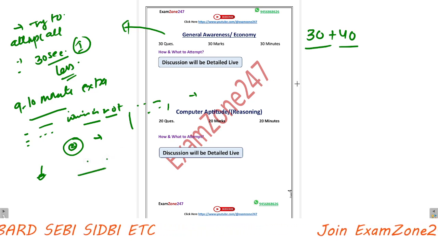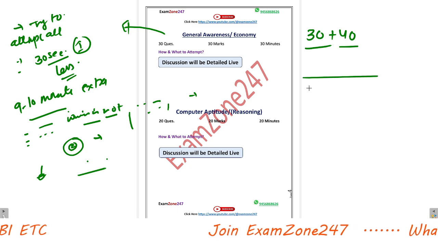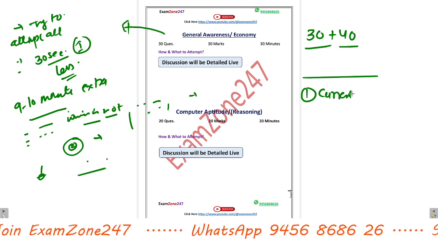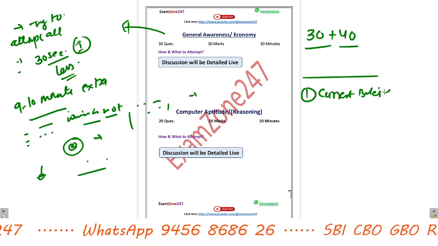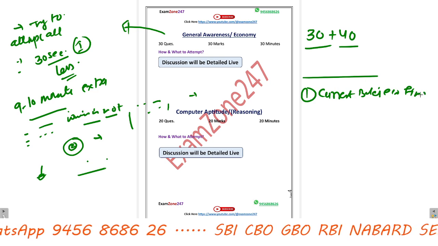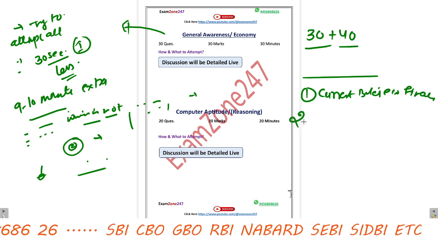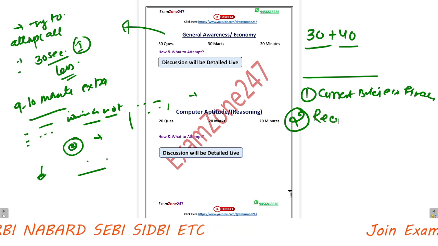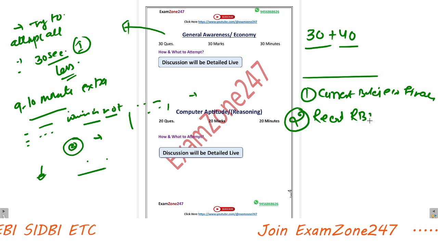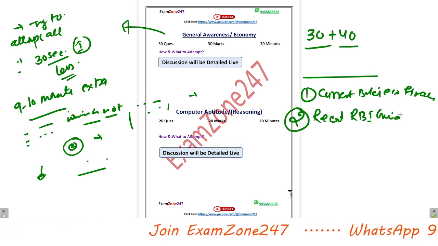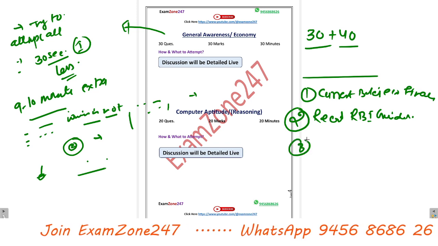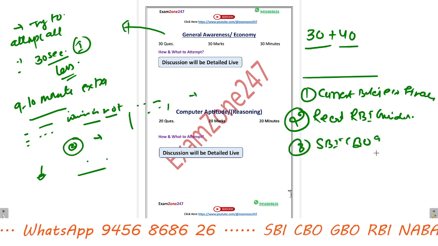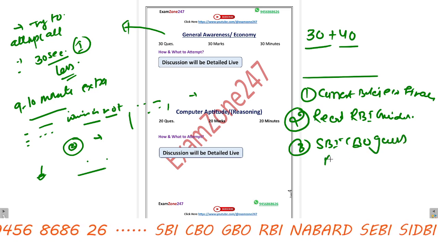In this way you will focus first on current banking, economy and finance; second, recent RBI guidelines; third, SBI CBO guess paper.